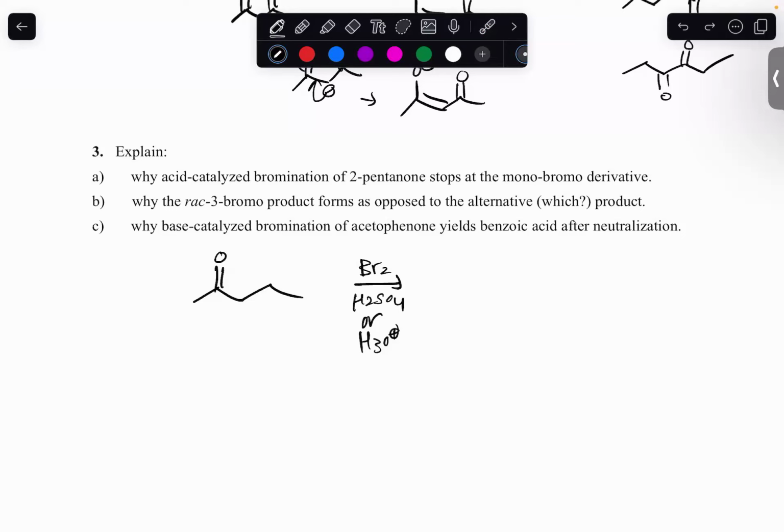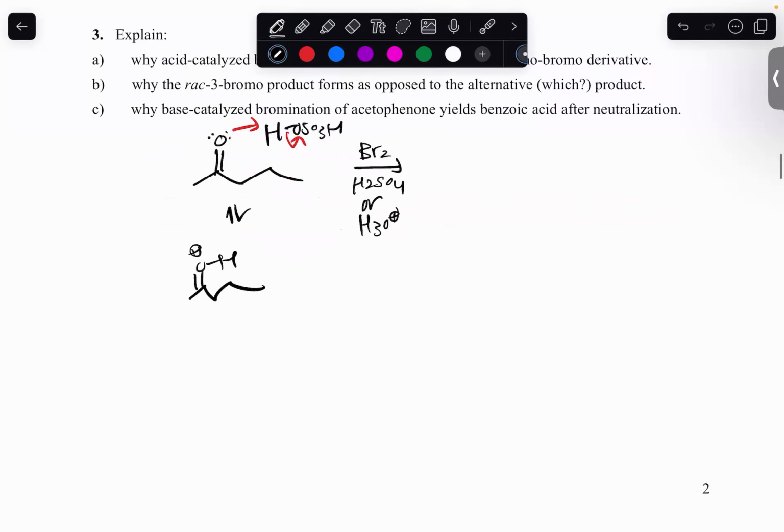Yeah, that's right. And then the conjugate base from the acid attacks the alpha hydrogen, and the electrons from that hydrogen form a double bond with the carbon of the carbonyl. Yep, like that. And then we do form the enol like you said.